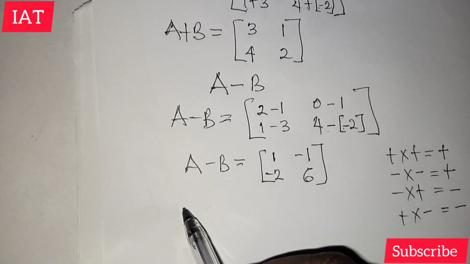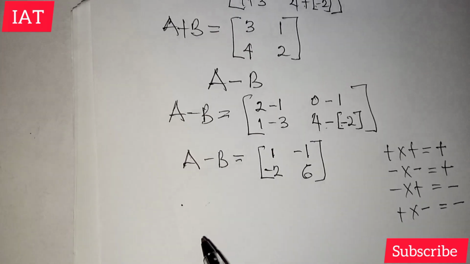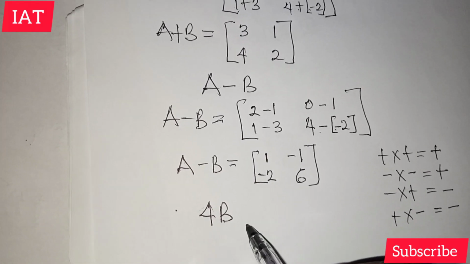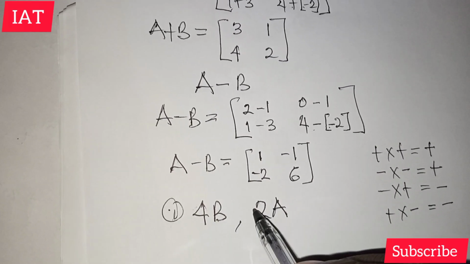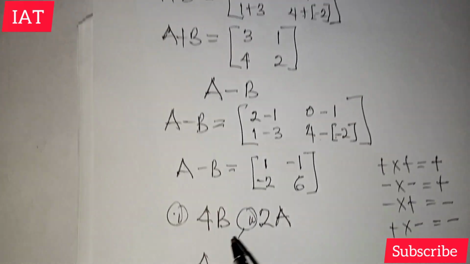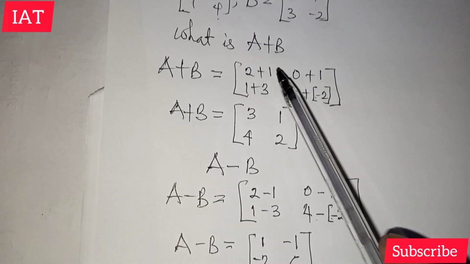Again, if you're asked to multiply 4 by set A or matrix A, say you should find 4B, and also maybe you should find 2A. This is I and this is II. So how are you going to find this? It's simple. 4 multiplied by, remember the question is 4B. Where is your B?